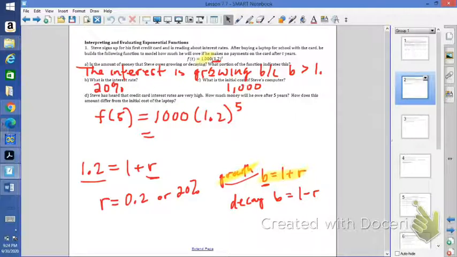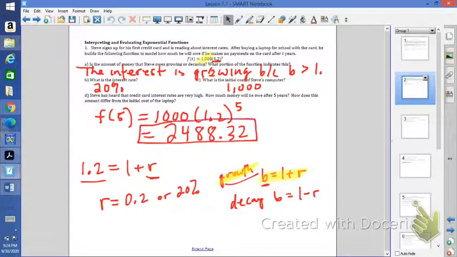I'm going to throw that in the calculator. So it's going to be $2,488.32.